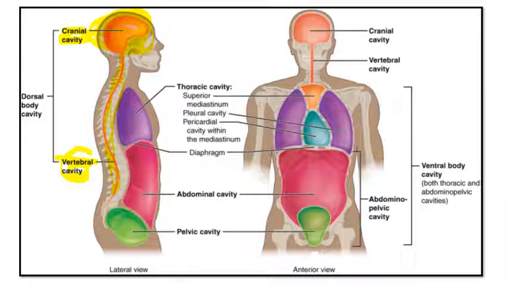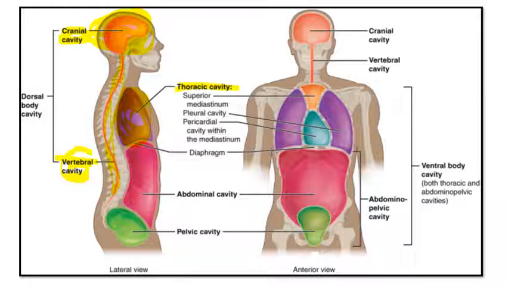Okay, now in the front here, anterior to the spine, we have the space where the lungs are contained, and also the heart. We refer to that as the thoracic cavity. It is also known as the thorax. So the thorax is the part of the body that contains the heart and the lungs.